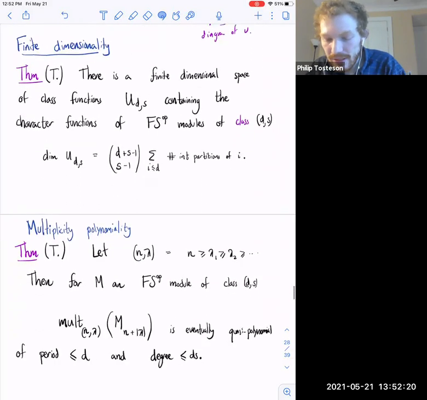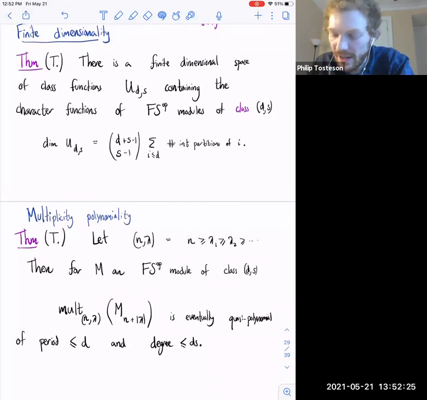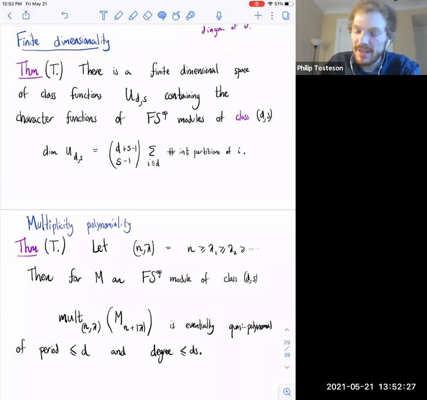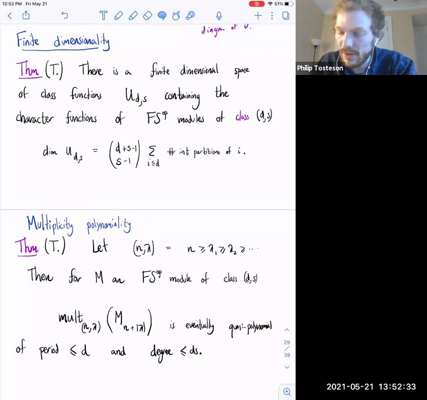And then the final result for FSop modules is an analog of classical representation stability for FI modules. So here n lambda denotes an integer partition with a long growing top row.